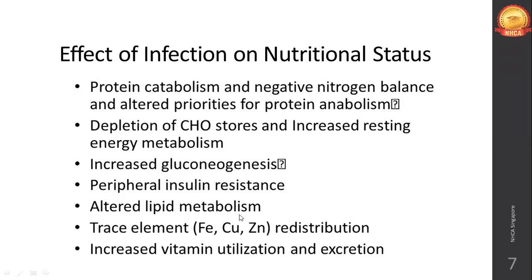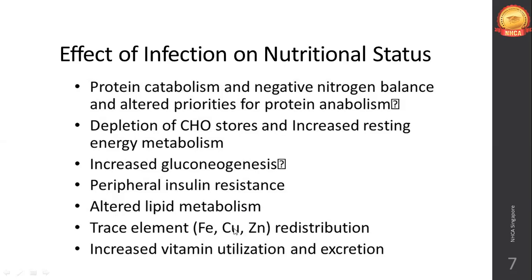Altered lipid metabolism, the breakdown of lipid will be altered. It will lead to free cholesterols roaming around in the blood vessels. It will be deposited here and there. It may also get deposited in the liver. Ferrous, the iron, copper, zinc redistribution is altered, because for absorption of certain nutrients and minerals, this electrolyte balance should be apt.